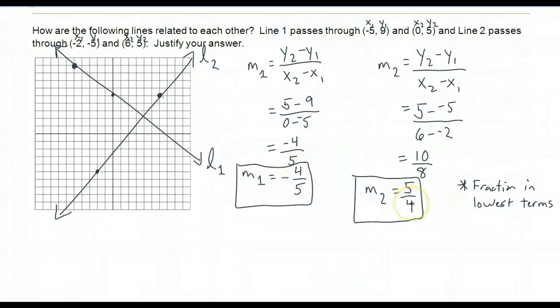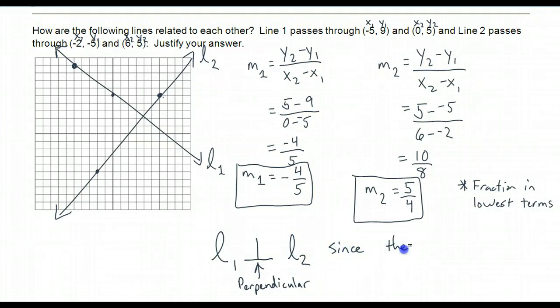So line 1 is perpendicular, the symbol for perpendicular looks like an upside down T, to line 2, since their slopes are opposite and reciprocals.